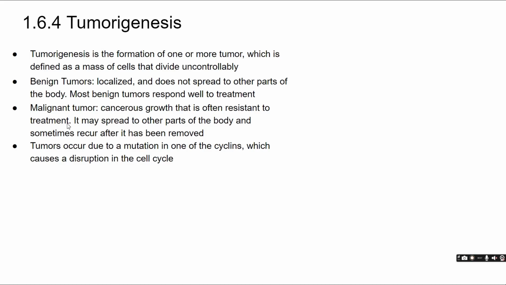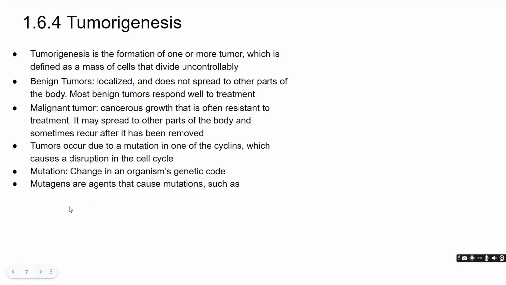Tumors occur due to a mutation in one of the cyclins, which causes a disruption in the cell cycle and causes the cells to divide uncontrollably. And of course, a mutation is a change in an organism's genetic code.